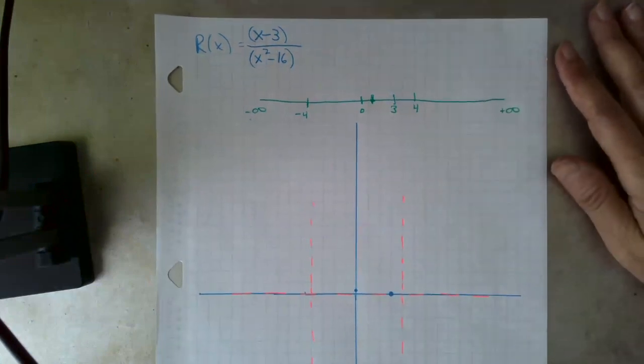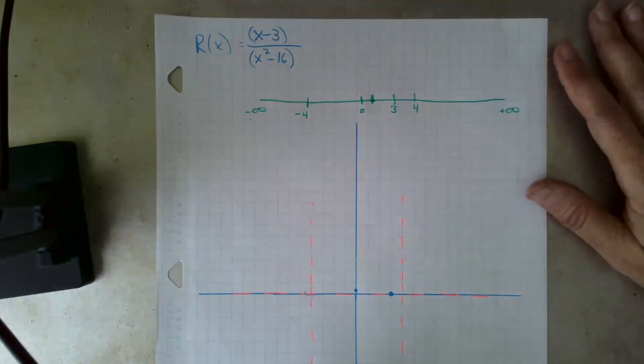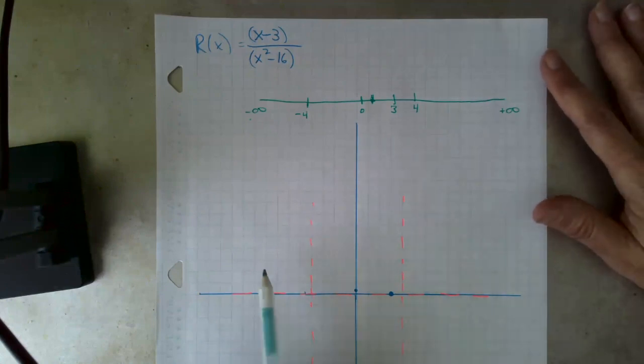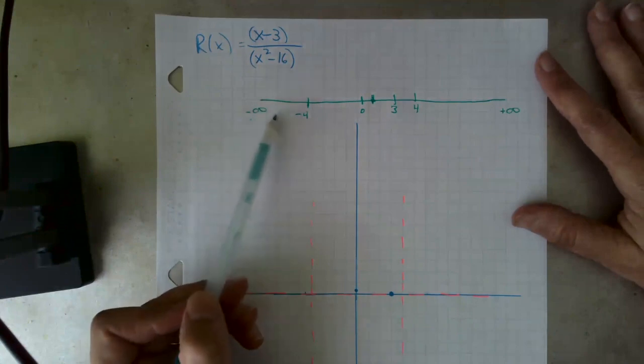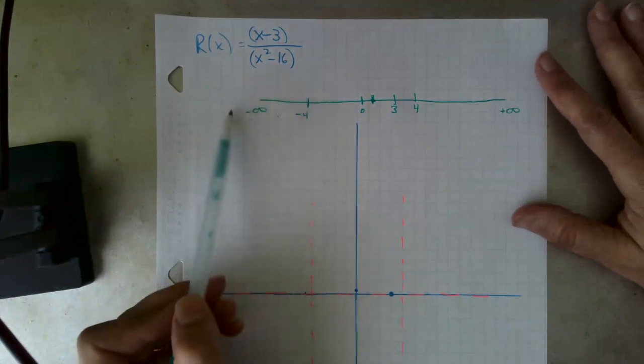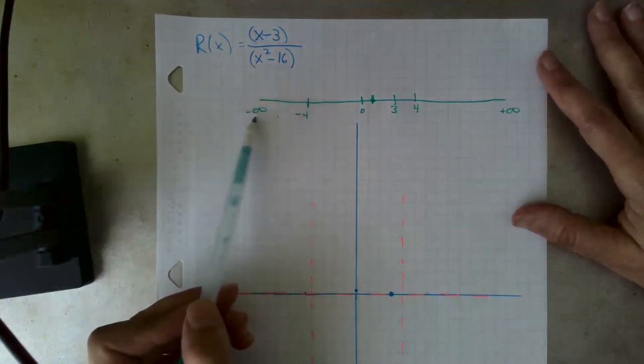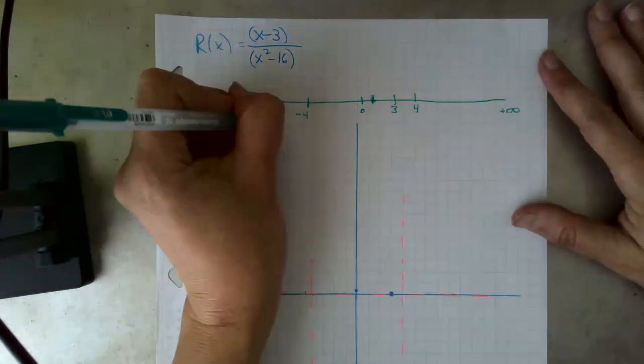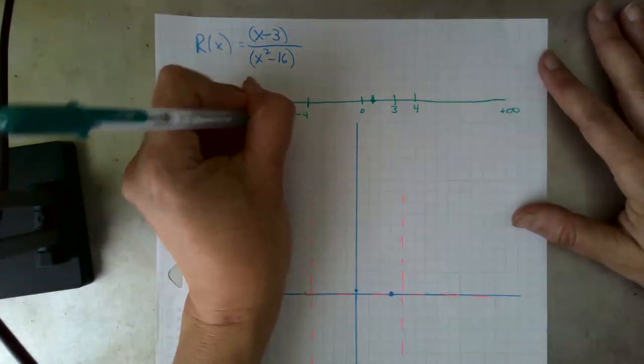So what does it mean to do a sign test? To do a sign test, we pick a number in each interval. So for -infinity to -4, I'm going to pick -5.